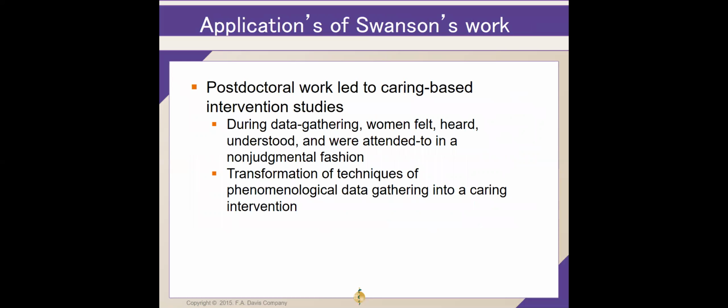This led to more intervention studies and data gathering, and found that women felt heard, understood, and attended to in a non-judgmental fashion, and it transformed techniques of gathering data into a caring intervention.